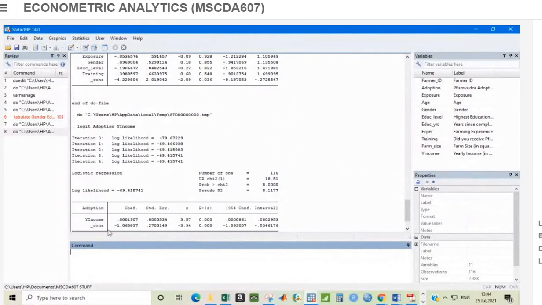So you can see that yearly income is explaining much variability in Pumfuza adoption. So in a way, we are saying, for you to adopt Pumfuza, you must have a yearly income. You must have the money.